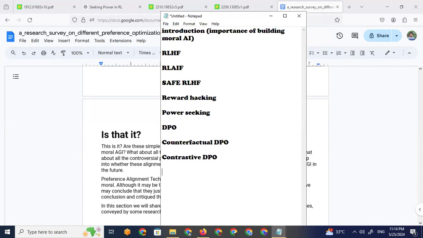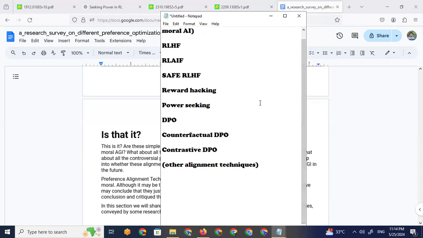I'll just say other alignment techniques. I do have a list of some alignment techniques I will consider. And after covering all these alignment techniques and also critiquing them, right?